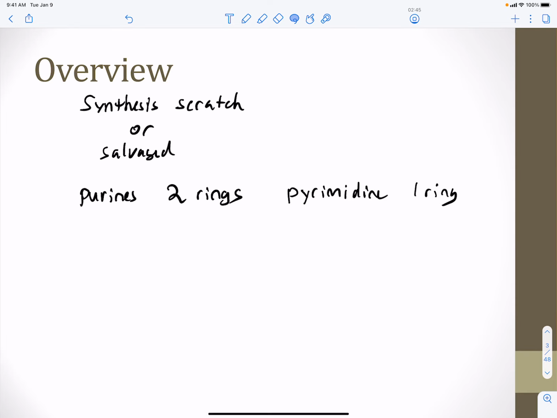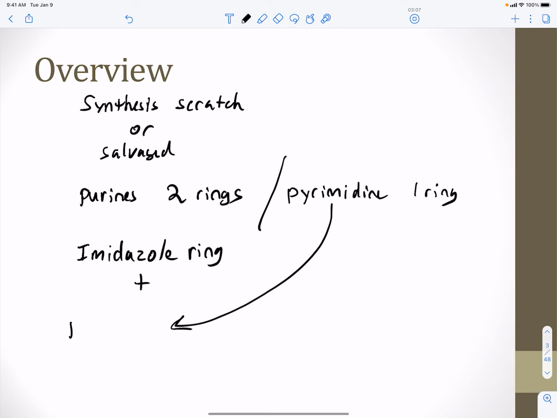Okay, so your purines have two rings. Your pyrimidines have one ring. Now to make the purines, it is actually an imidazole ring plus a pyrimidine ring. Okay, so that's going to form your purines, whereas a pyrimidine just has a pyrimidine ring.